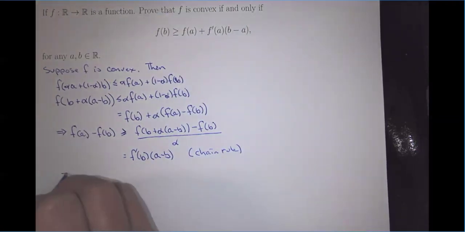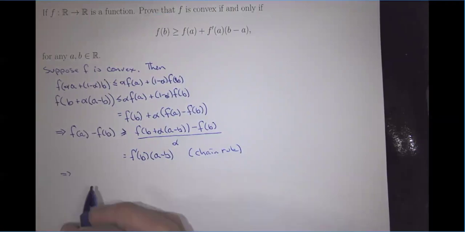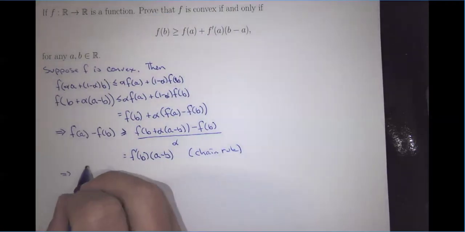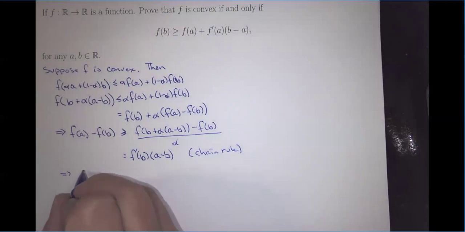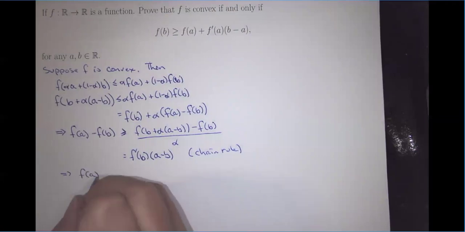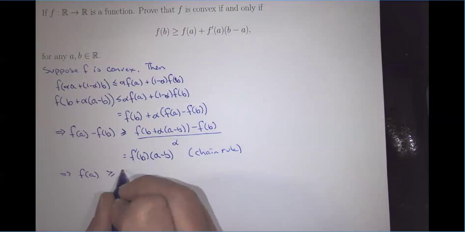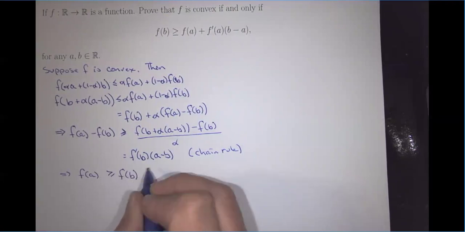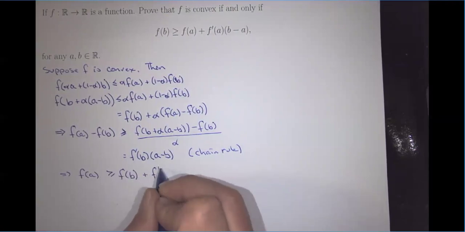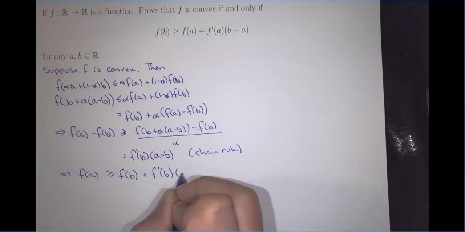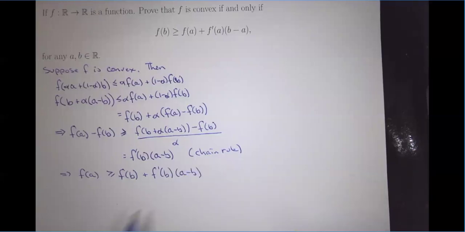So this means then that f of a is greater or equal to f of b plus f prime of b times a minus b, which is the same as our initial definition with the roles of a and b just reversed.